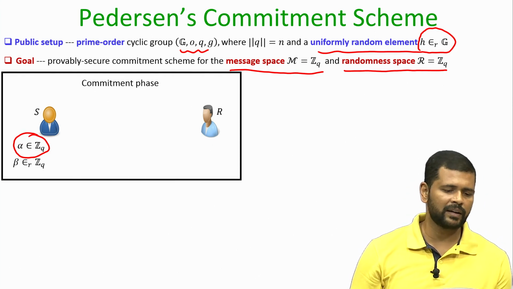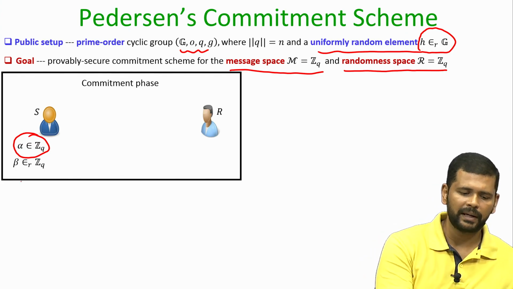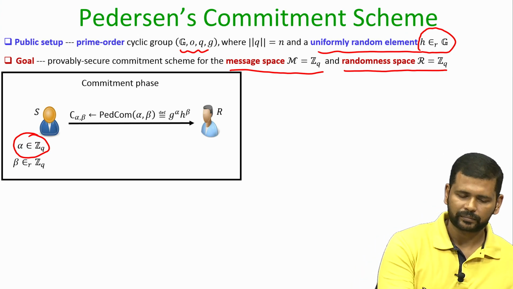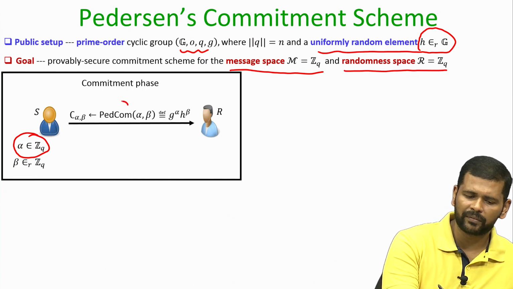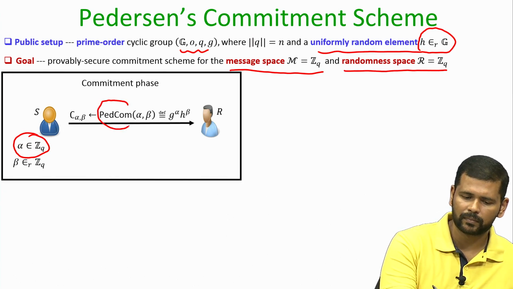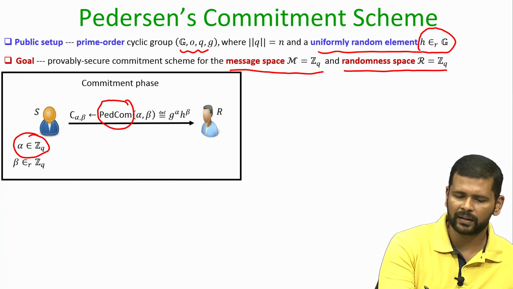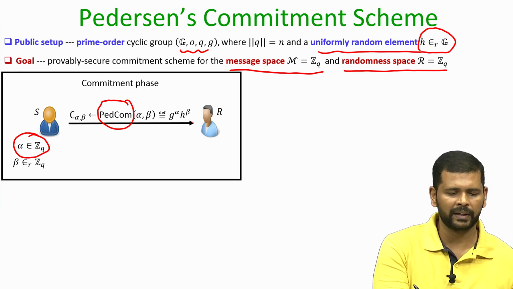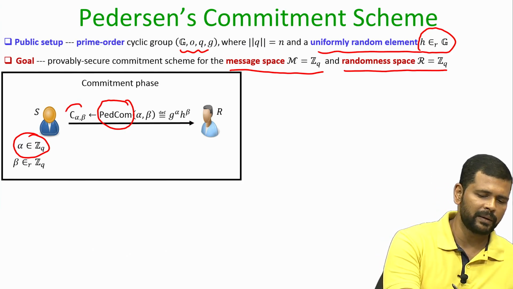To commit that, the sender picks a uniformly random beta from the randomness space, namely Z_q, and it computes the commitment function which I denote as petcom of the value alpha under the randomness beta, which is nothing but g to the power alpha h to the power beta. And I denote that commitment by this notation.